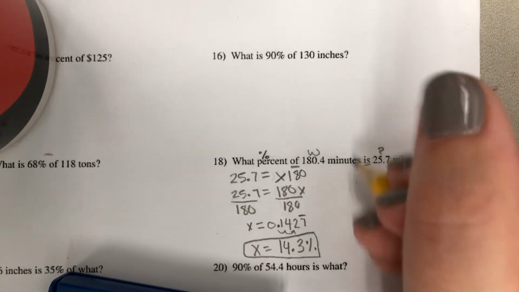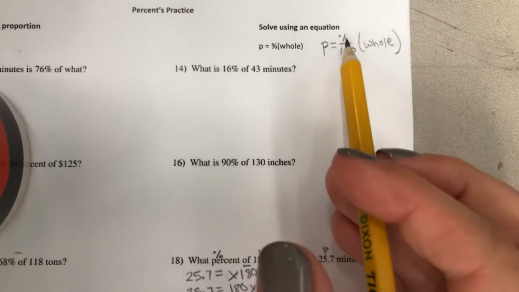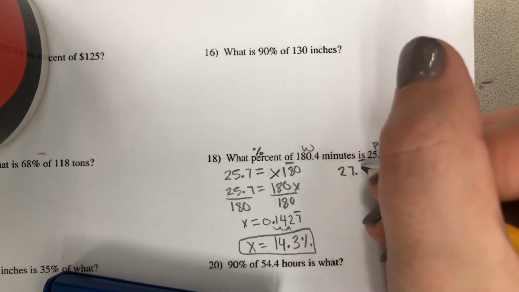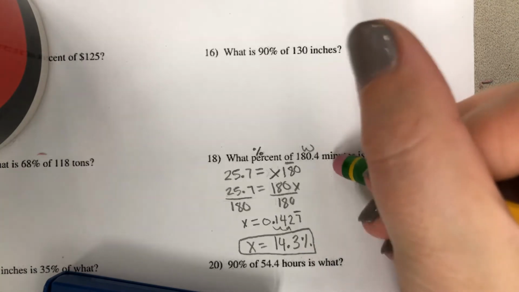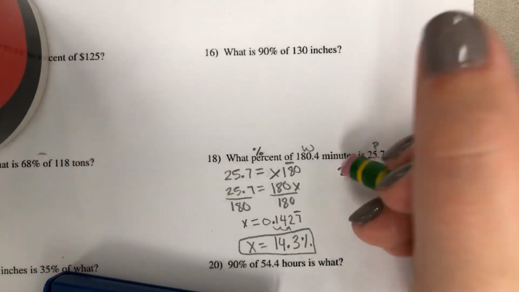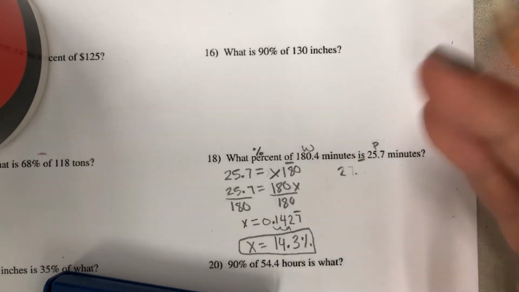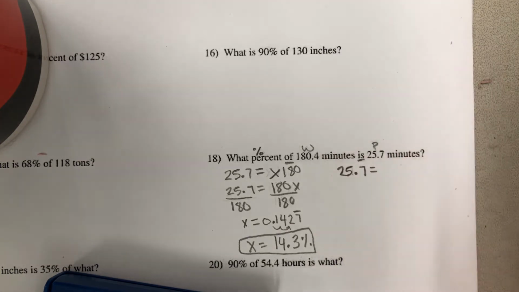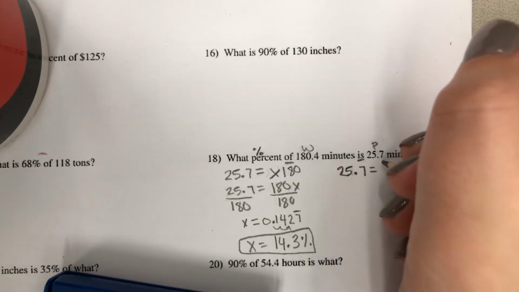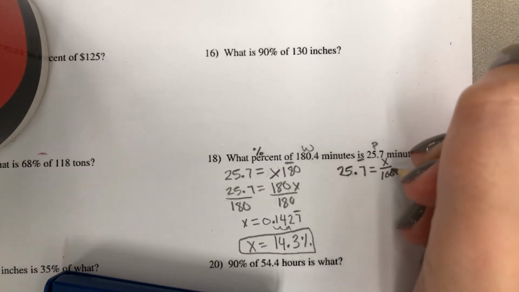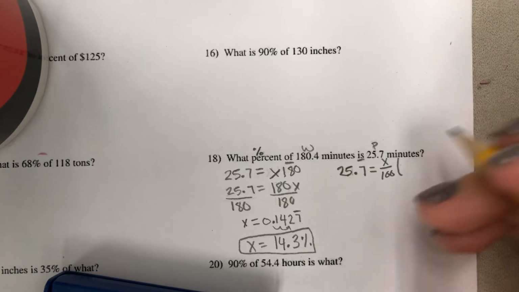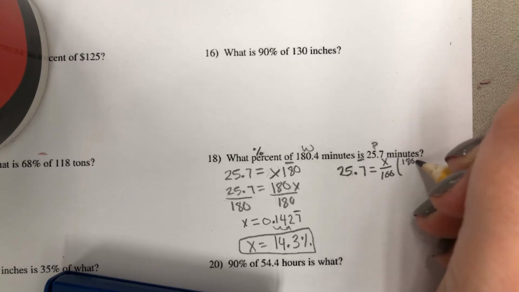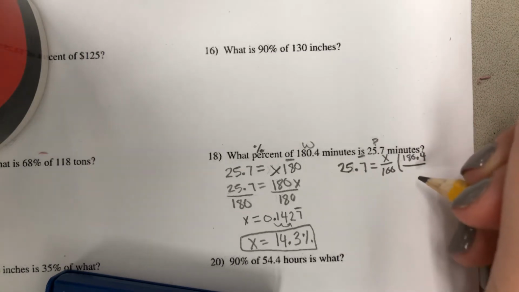So if we do it the other way, if we use P is equal to the percent over 100, so if we put our percent over 100, 25.7 equals x over 100, so our percent out of 100, times our whole, which was 180.4 over 1.